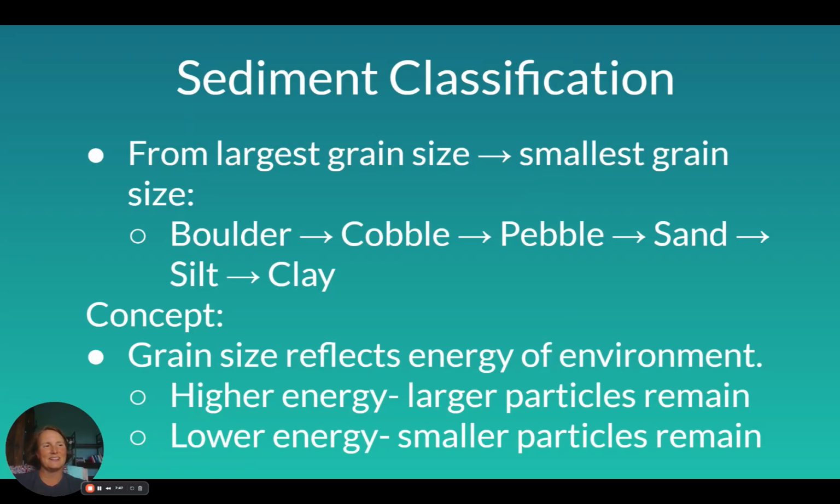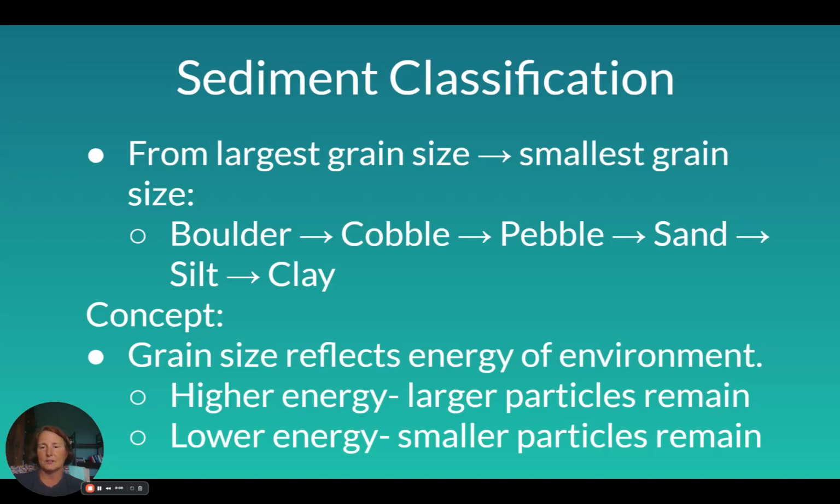Okay, then how do we classify sediments? For the most part, we classify sediments by size. We already classified them a little bit by origin, right? But then we go by size, largest to smallest. So we start with something like a boulder, a big old rock, a cobble, a pebble, gravel is sometimes included in here.